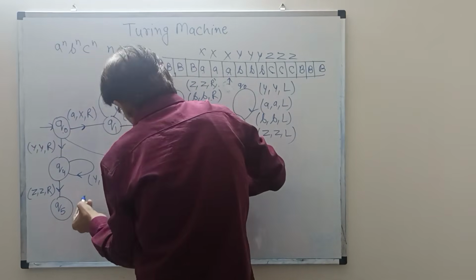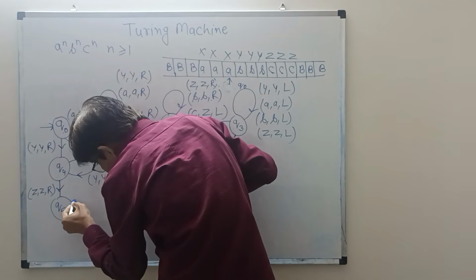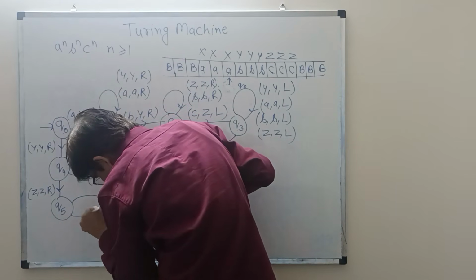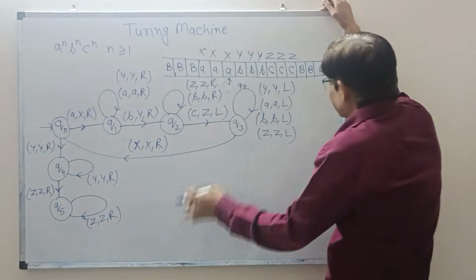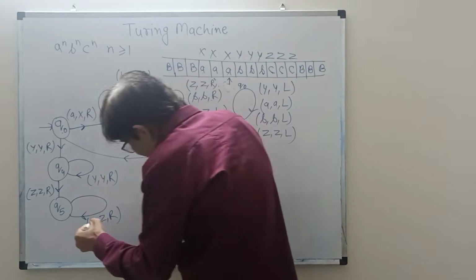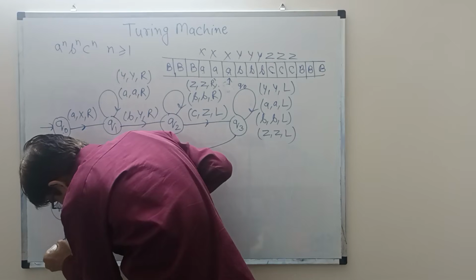Now on Q5, remaining Z's you will leave as they are and move towards right. Then on Q5, you will get blank. That means all C's have also been completed.